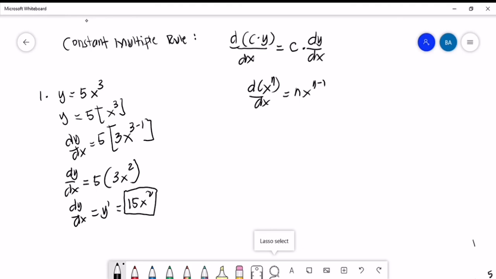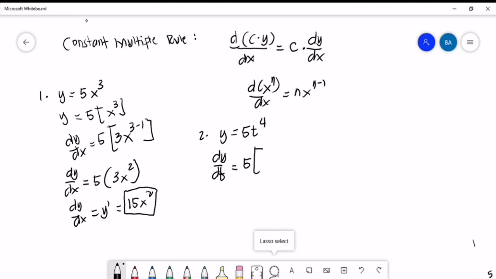Also, if we have an example, say y is equal to 5t raised to 4, to find the derivative with respect to t, what we need to do is separate the coefficient or the constant, and then bring down the 4.